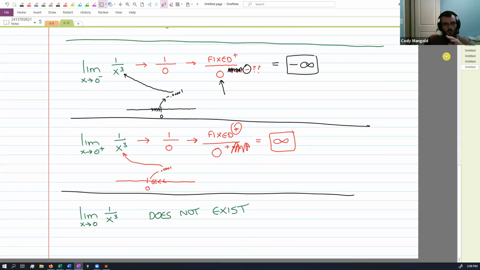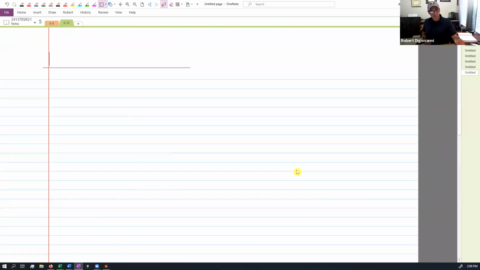And this goes for any even or odd exponent. So if it's an odd exponent and it's asking for both sides, if it looks like that, it's going to be does not exist. If it's strictly a power function like 1 over x to the n, then yes.